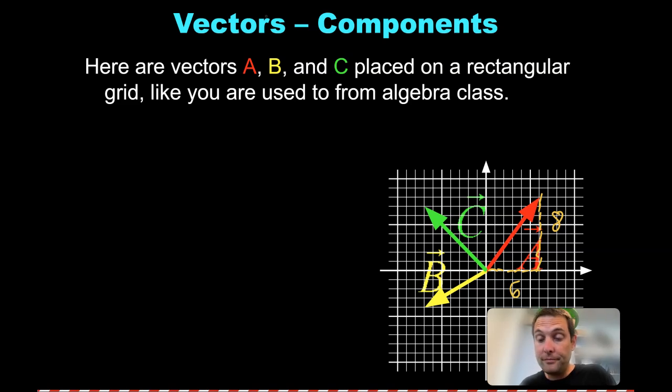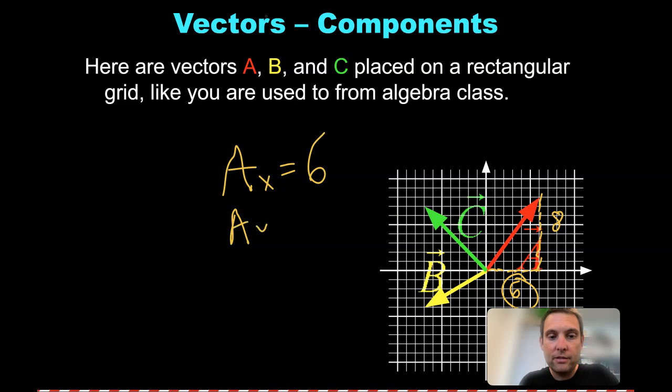So we would say the horizontal component of vector A, or A in the x direction, is 6 units, and the y component of vector A is going to be 8 units. From this information, we can figure out the total magnitude of vector A. Can you see how?